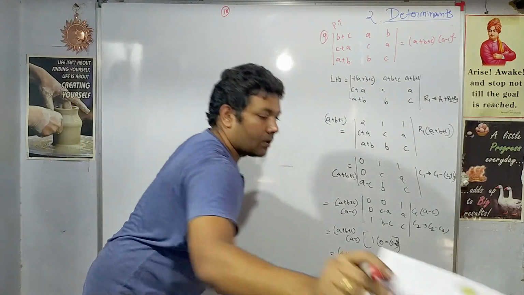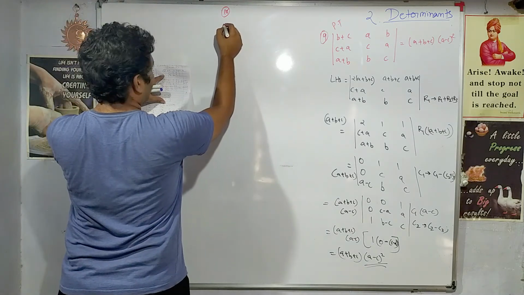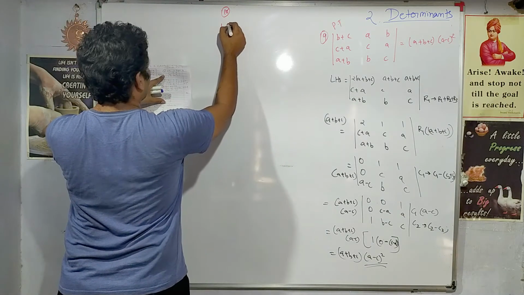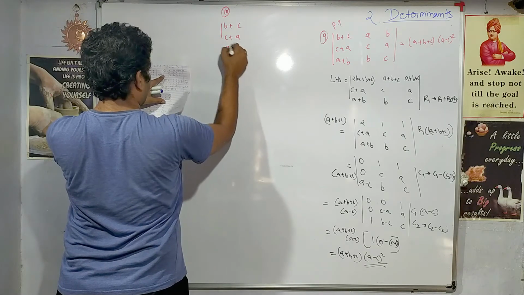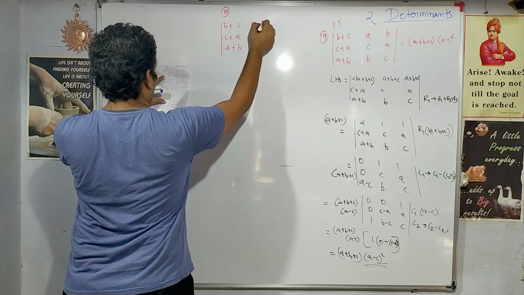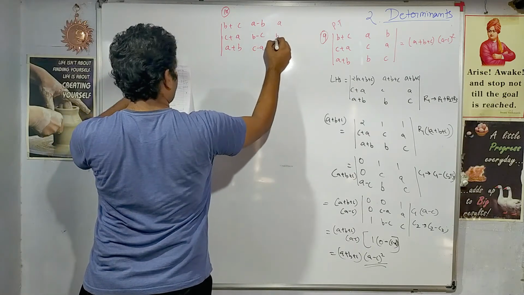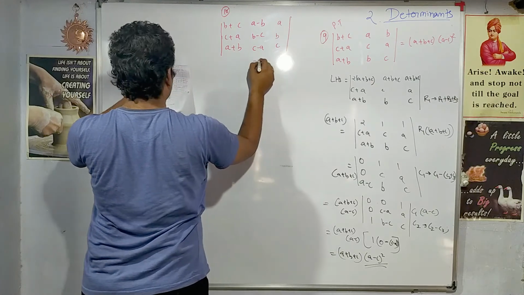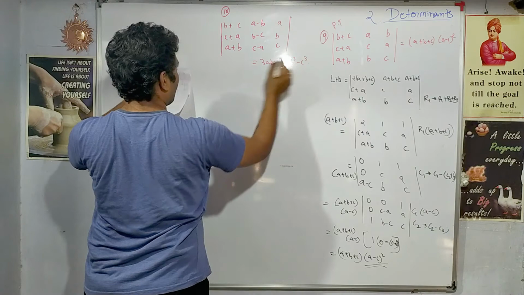Then the question number 10 I have is b plus c plus ... equal to 3abc minus a cube minus b cube minus c cube.